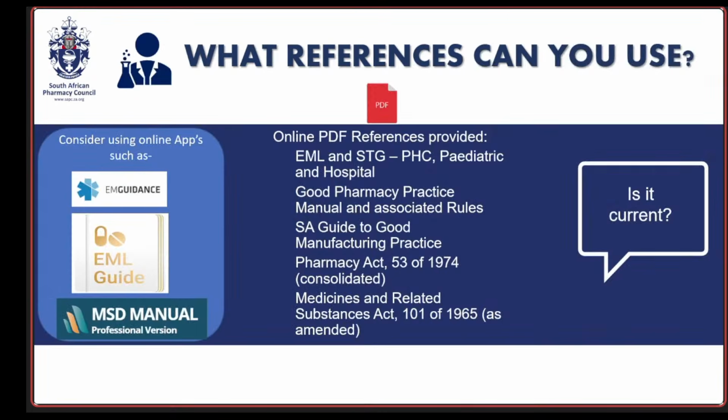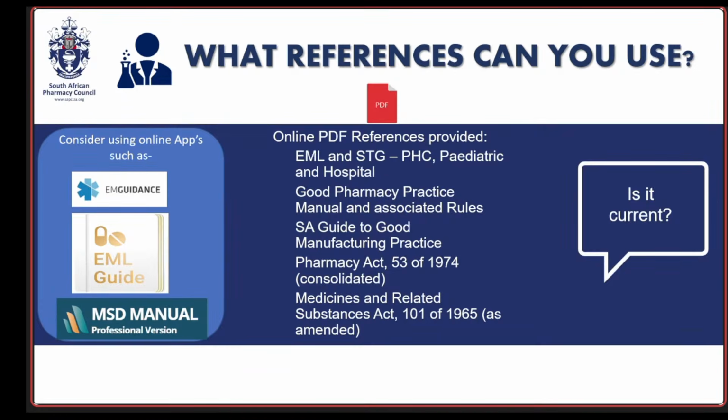So what references can we use? You can use the EML, the standard treatment guidelines for primary health care, pediatrics and hospital level, the Good Pharmacy Practice Manual with the associated rules and ethical rules, the South African Guide to Good Manufacturing, the Pharmacy Act.